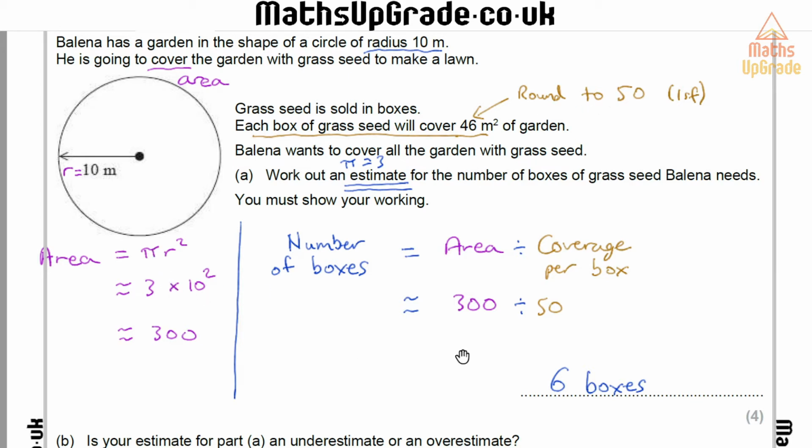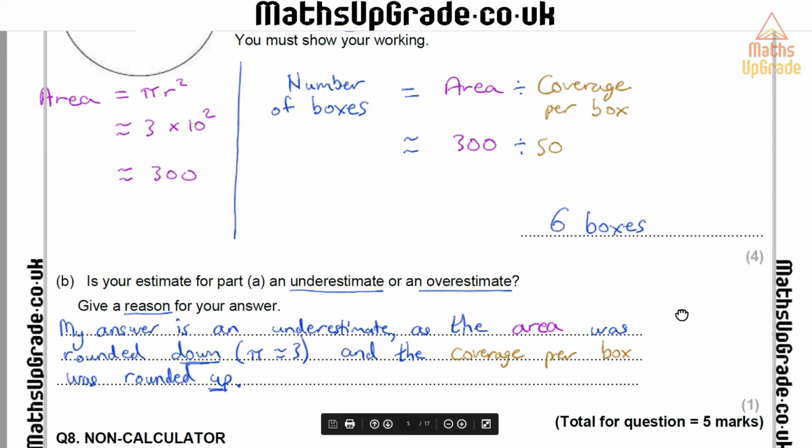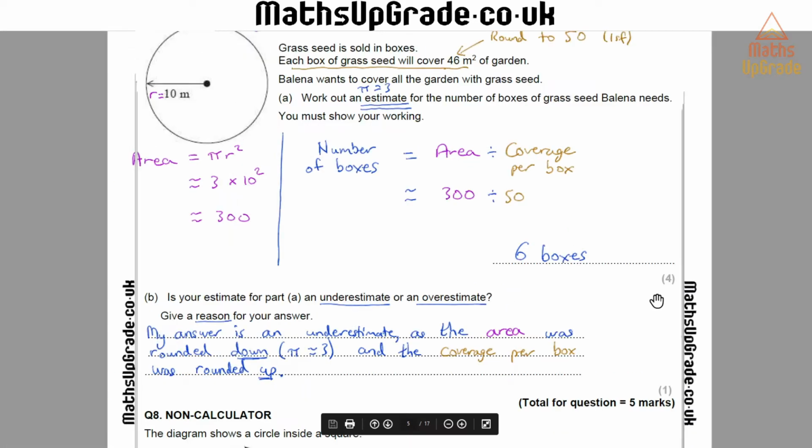So my area is slightly lower than what it should be in real life, and my coverage per box is slightly higher than what it should be in real life. So I've divided a slightly smaller value by a slightly larger value. So my answer is an underestimate. And here's my reasoning in words there. My answer is an underestimate as the area was rounded down and the coverage per box was rounded up. So that whole question there is worth 5 marks.